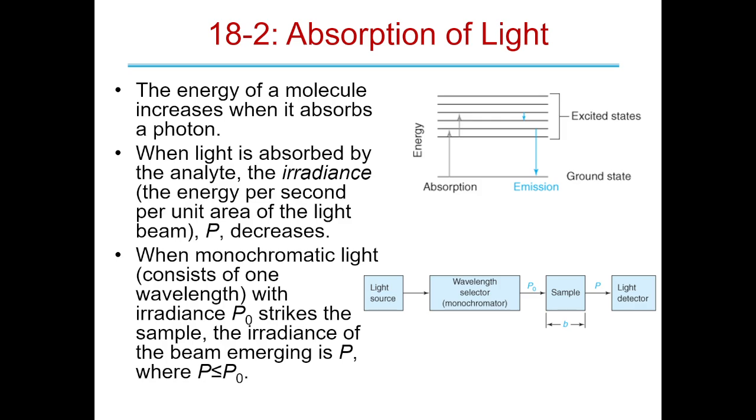If your light wavelength does not interact with your sample, you'll get P0 again. You can never actually get higher than that. If you get higher than that, then you've mismeasured P0. There's something wrong. It happens, by the way.